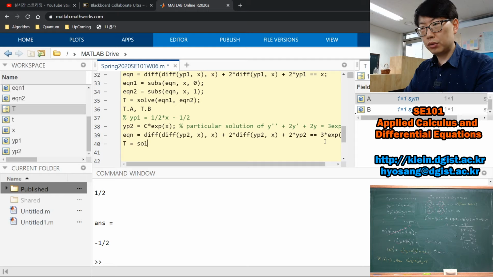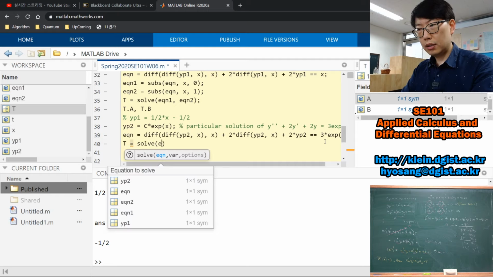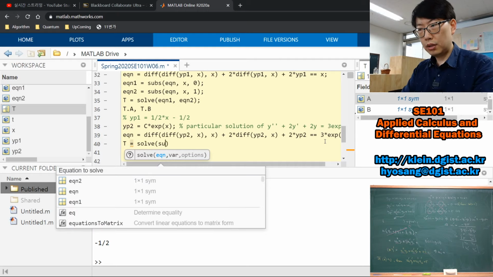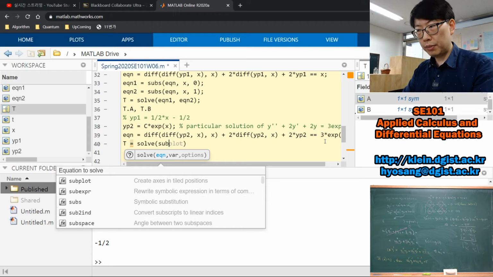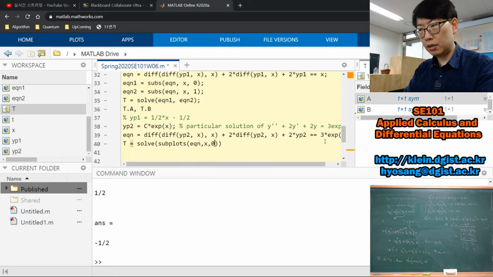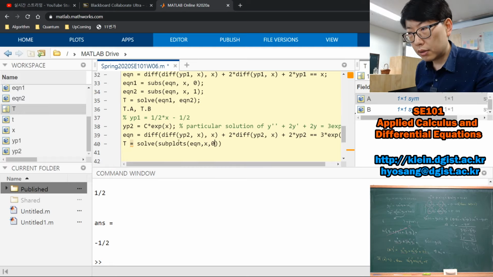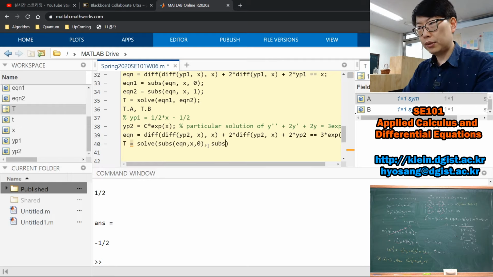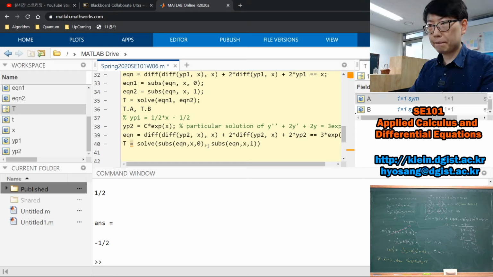This is our equation, and I want my solution equation to be obtained by subs equation x by 0, and then, so this is auto completion, okay, and then subs equation x by 1.